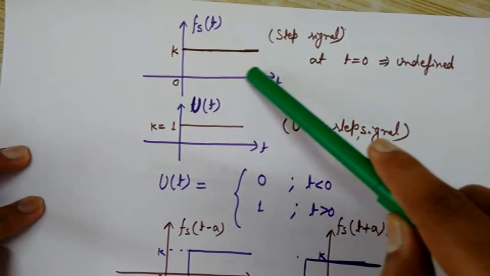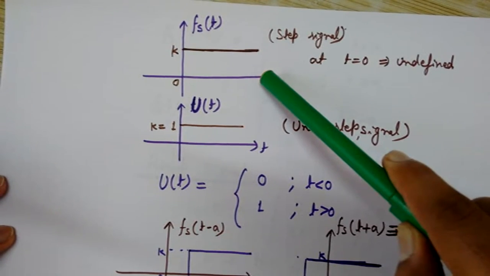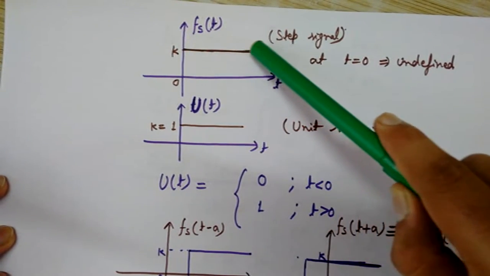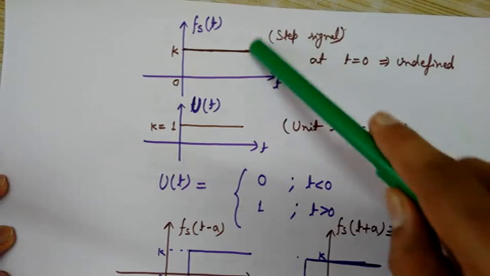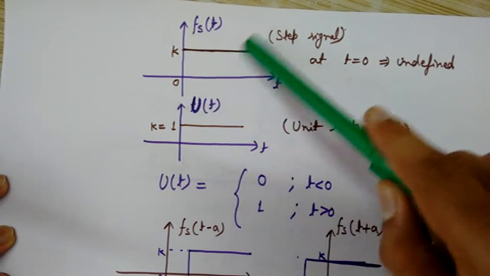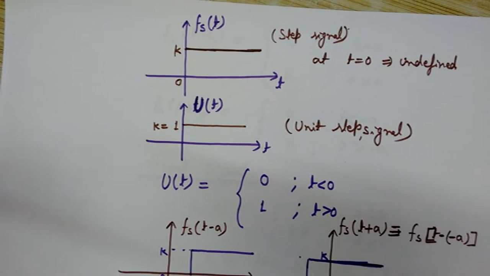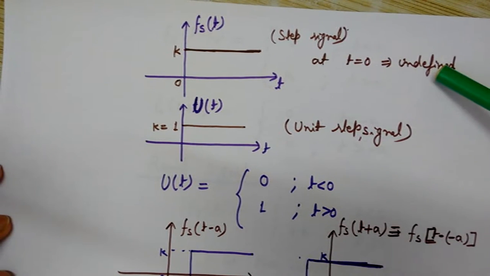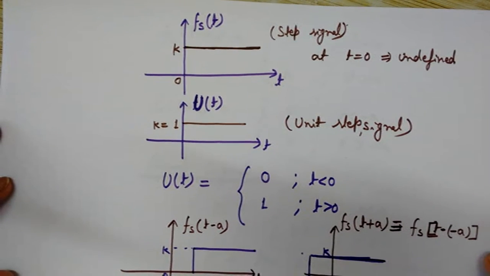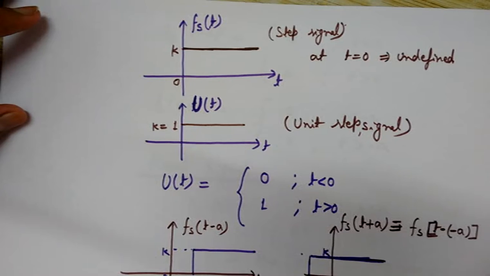But for positive values of time, t greater than 0, the value of the step signal is a constant value k. Since its shape is like a step, it is called a step signal. One thing you should keep in mind is that at t equals 0 it is undefined, but it is defined at other values of t except 0.